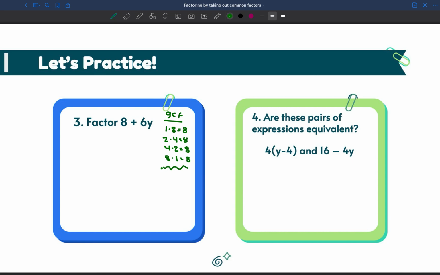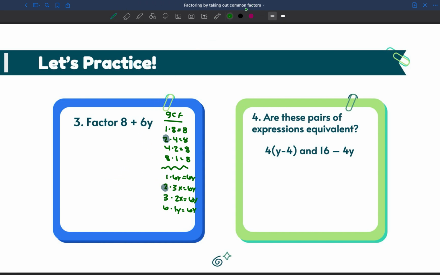And for 6y, we have 1 times 6y equals 6y, 2 times 3y equals 6y, 3 times 2y equals 6y, and 6 times 1y equals 6y. So our GCF, our common factor, is actually going to be 2, because it's the greatest common factor in both 8 and 6.